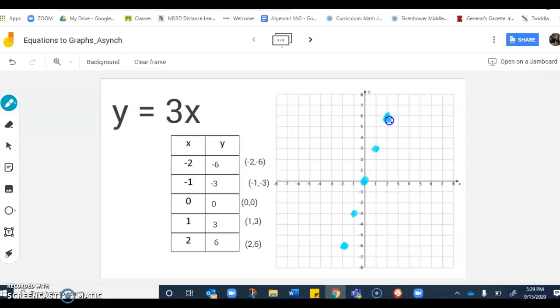Okay, once you have your points plotted, you can connect them by making a straight line through them. We're not going to judge because I know it's hard to draw on there. Okay? But what I want you to look at, guys, is the equation that we started with, right?